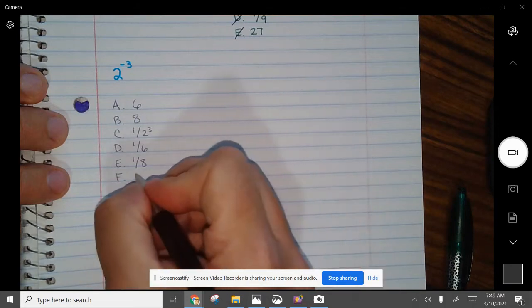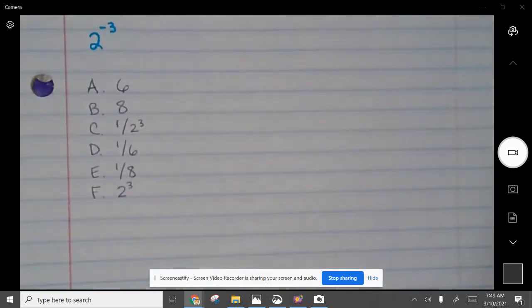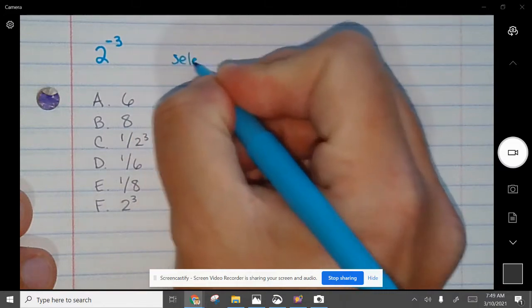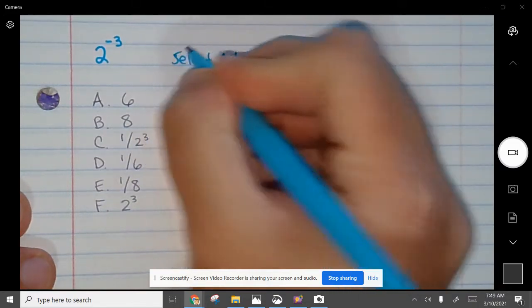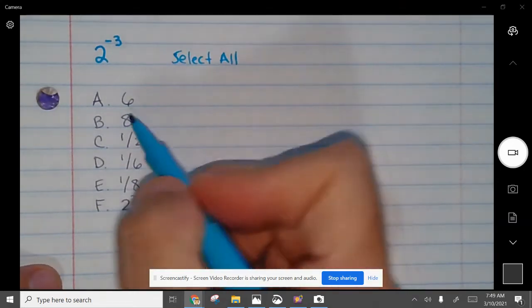All right, now I'm going to zoom in. Take a look at these choices. What are you going to pick for this one? Well, I'm going to again say select all. Okay, select all. Look through these.